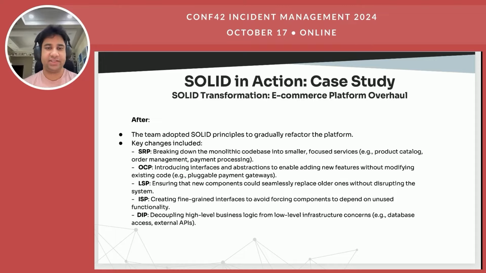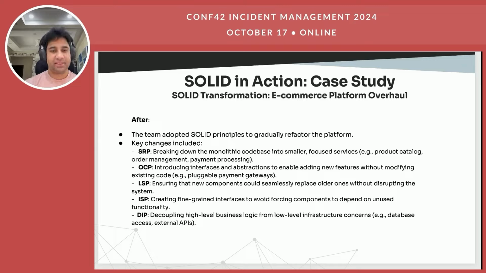The last one, which is decoupling high level business logic from low level infrastructure concerns. We just saw an example of database access. And the example I use is a real one because Amazon, when it started, was dependent on SQL databases, specifically from Oracle. But as the company grew, they created their own NoSQL and SQL databases, which offer today Postgres-based APIs, and also DynamoDB, which is world famous on AWS.